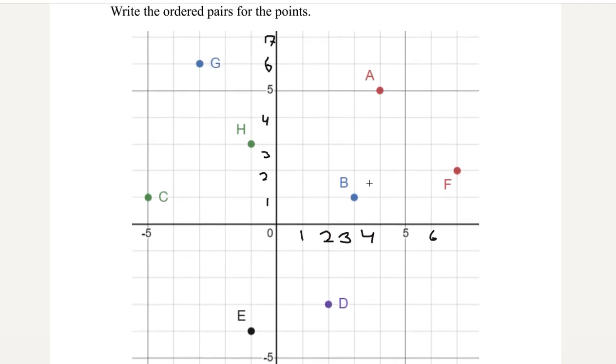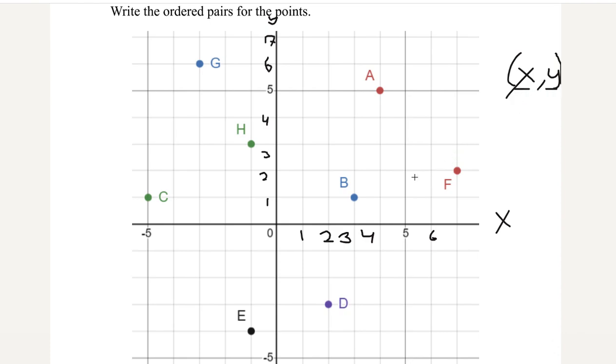Okay, let's look at number A. A is at the x value 4, because this is x and this is y. To write a coordinate point, you do x and then y. An easy way to memorize this is that in the alphabet, x is before y, because it goes x, y, and then z.